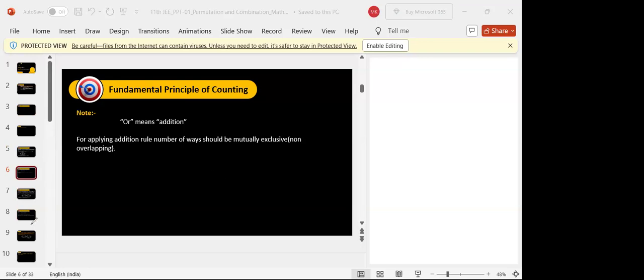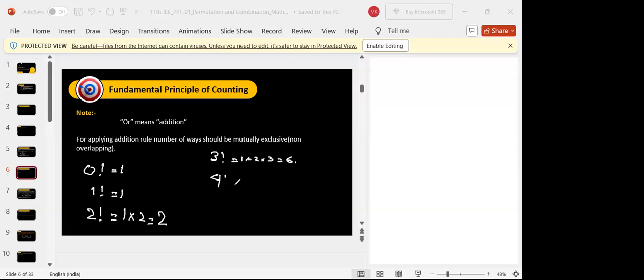Now, one important thing is there for you to think. I just forgot to say that. 0 factorial equals 1. 1 factorial equals 1. 2 factorial equals 1 into 2, that is 2. 3 factorial equals 1 into 2 into 3, that is 6. 4 factorial is 24. 5 factorial is 120. 6 factorial is 720.